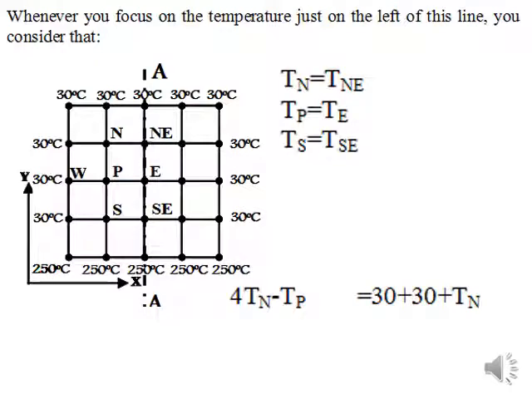And once you let these temperatures be equal, you will substitute in the equation, just instead of putting 30, put TN to get a value that makes both of them equal by the equality given. And in the second equation, instead of TE, you put TP exactly, so that the solution will get TP that makes its value identical at the line of symmetry, and of course identical on the other side of the mirror.